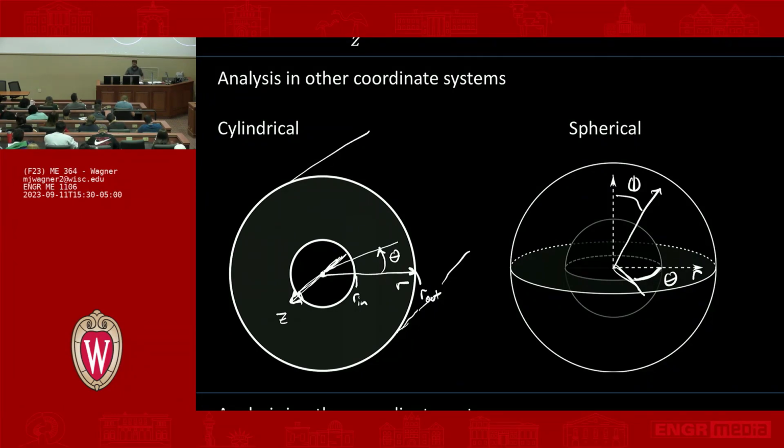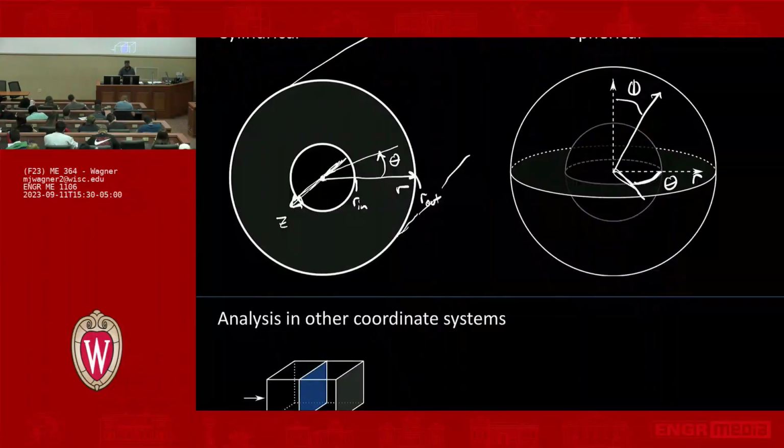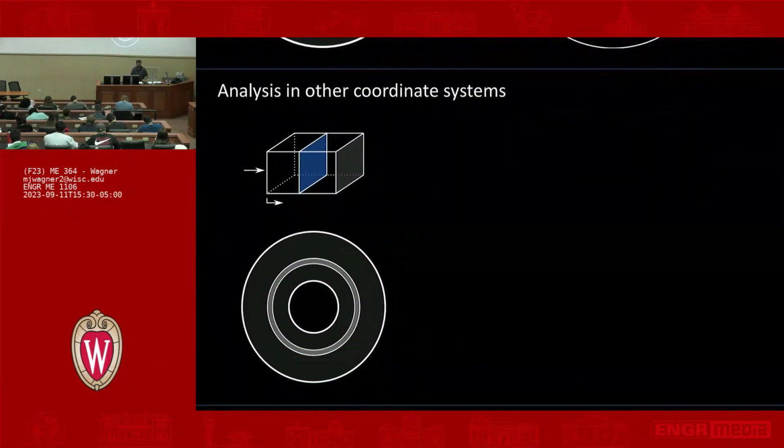Okay, one more thing on this, and then we'll get into the actual methodology. If we're doing analysis in Cartesian coordinates, let's take this example: some long rectangular bar, with heat flow going in this direction, and let's call this coordinate x. We need to think about not just the cross-sectional area, but also, when you get into the methodology, the boundary conditions.